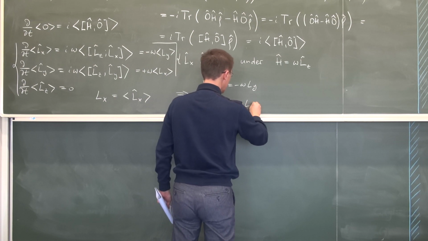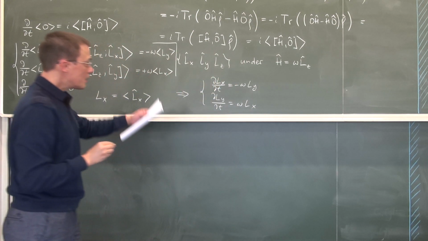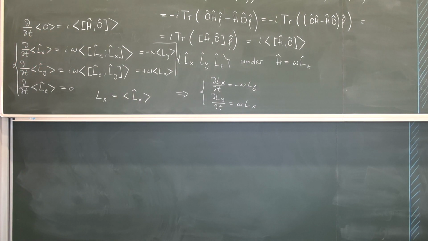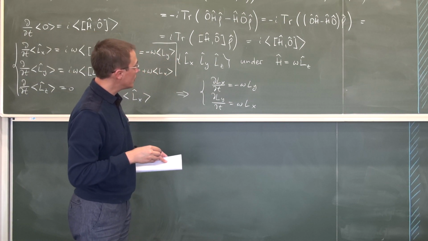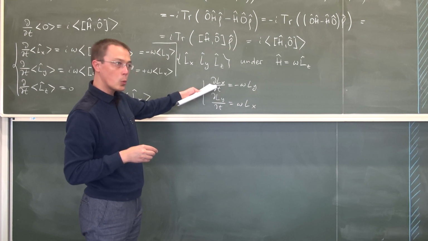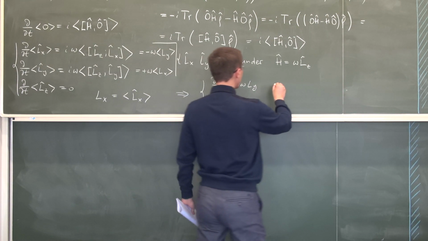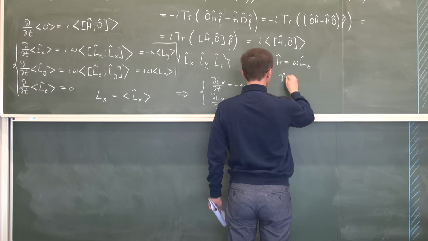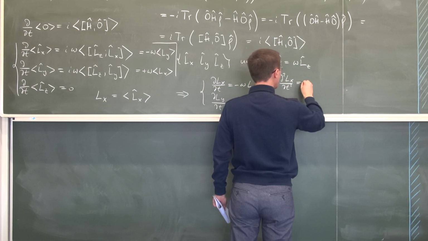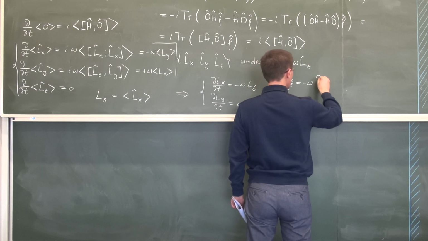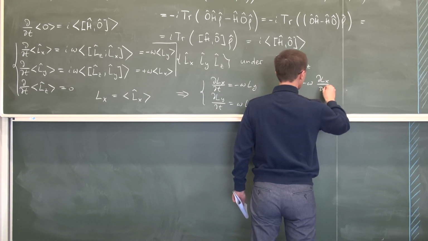is omega Lx. And remember, we solved this actually a few lectures ago, but I will remind you again what the solutions are here. So what I will do is I will differentiate the first equation again. So what will happen is d2Lx by dt squared will be minus omega dLy by dt.